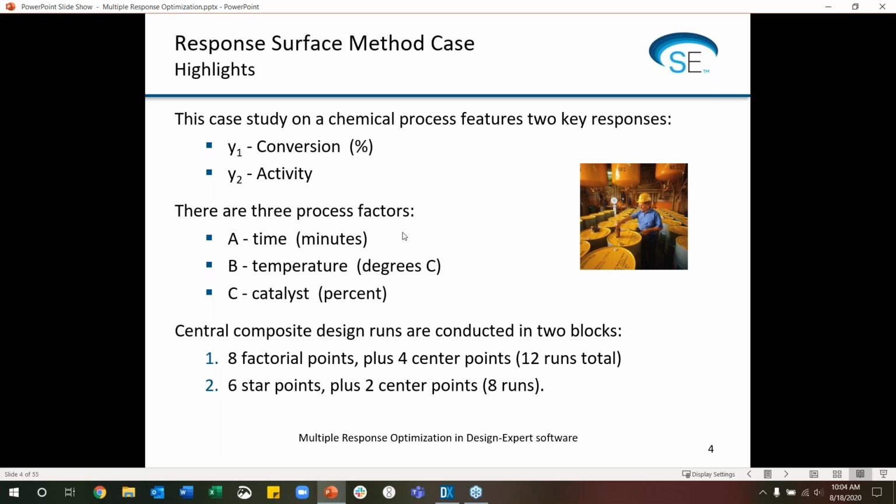There are three factors involved in the study: time, temperature, and a percent catalyst. And this is run as a central composite design. Optimization can be done with any design that you use, whether it's a factorial design or a response surface or a mixture design.